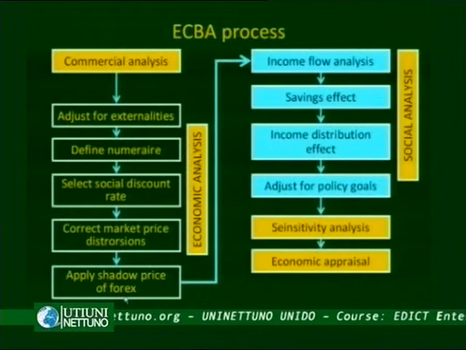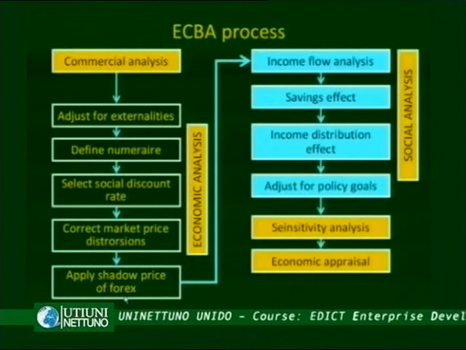The other thing that is interesting is what is the impact of the project on savings versus consumption. And this is about the distribution of the benefits of the project across generations. Because if one of the results of the project is to increase savings, this means that I'm foregoing actual consumption and I will increase future consumption.